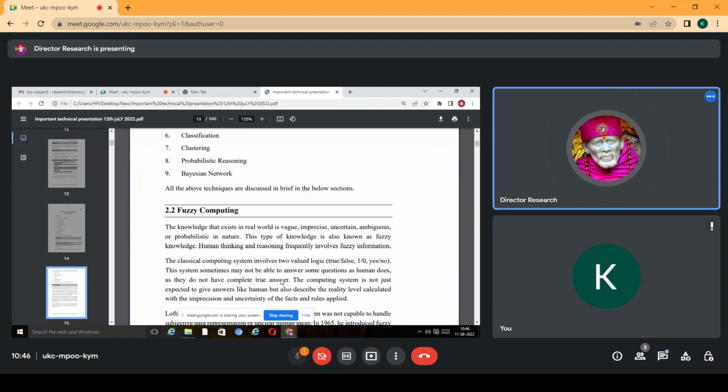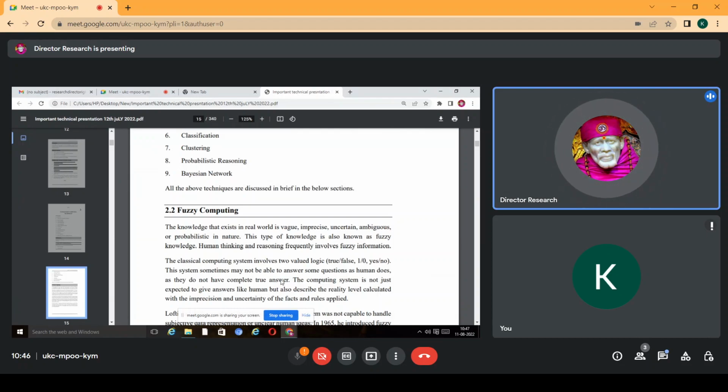Fuzzy computing. The knowledge that exists in the real world is in various ways imprecise, uncertain, ambiguous, or probabilistic in nature. This type of knowledge is also known as fuzzy knowledge.